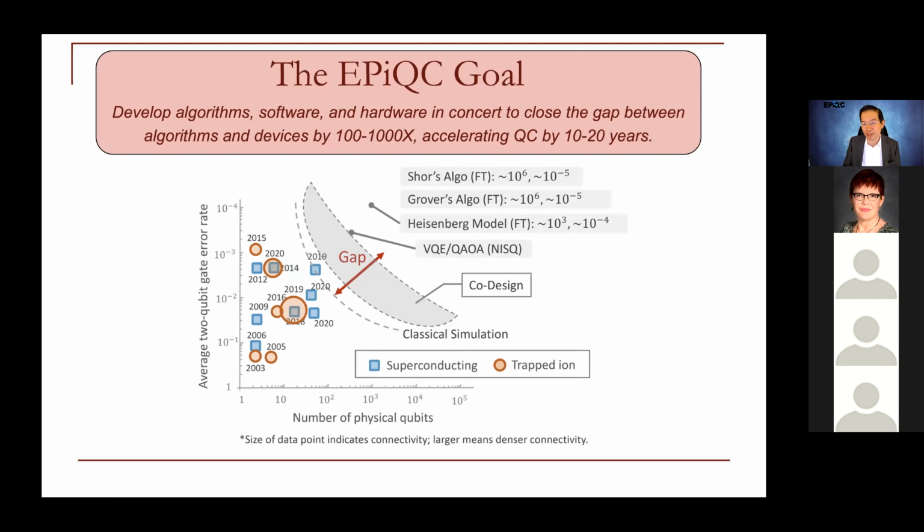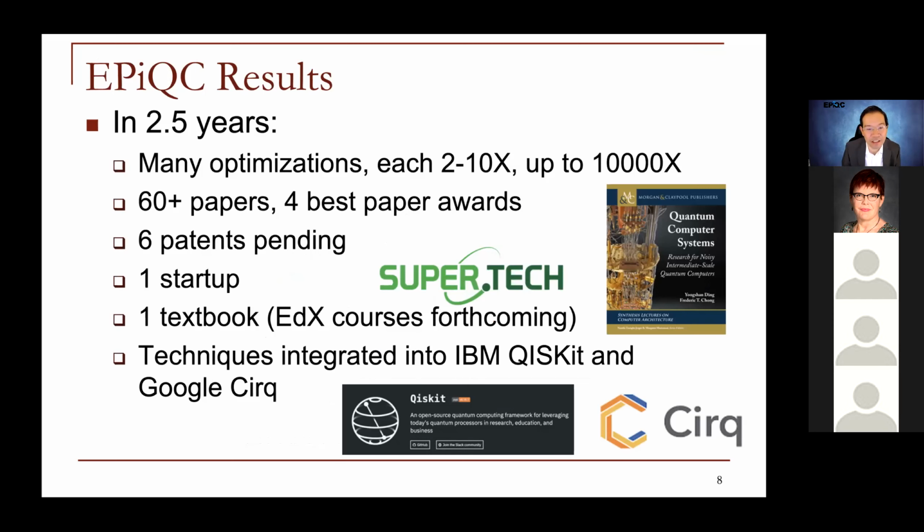And so we really hope to help bring algorithms closer to machines by making these algorithms much more efficient through software optimization. And it sounds like an ambitious goal, but actually, it turns out that we can find many techniques to try to attain this goal. And in fact, our project is a 5-year project. We're halfway through.